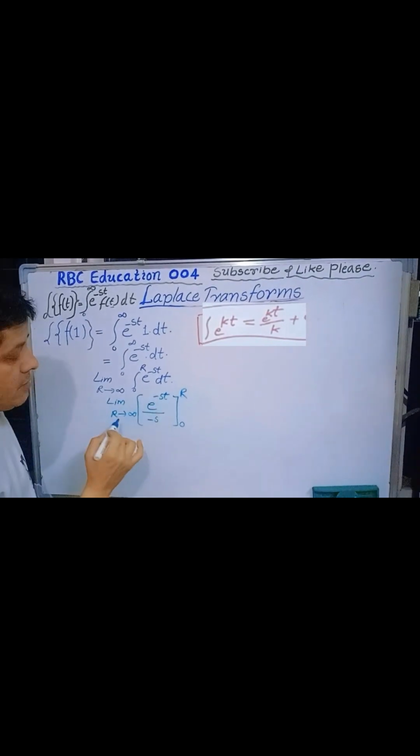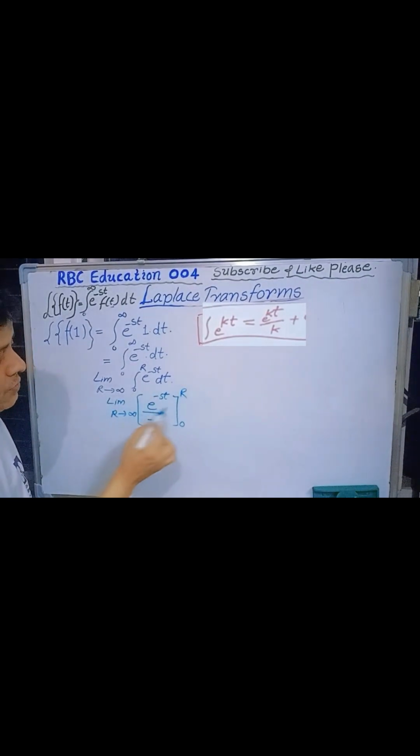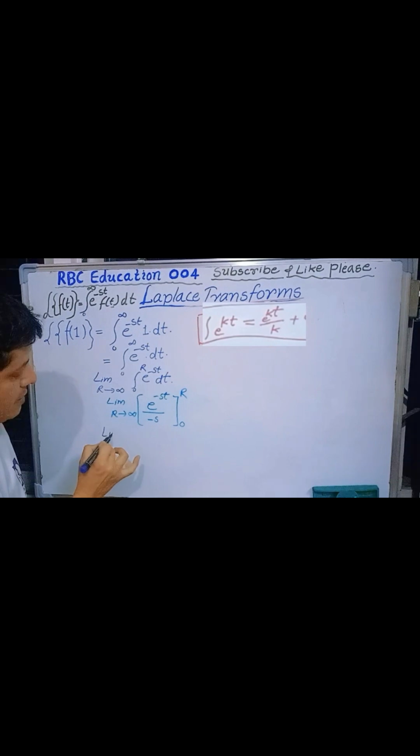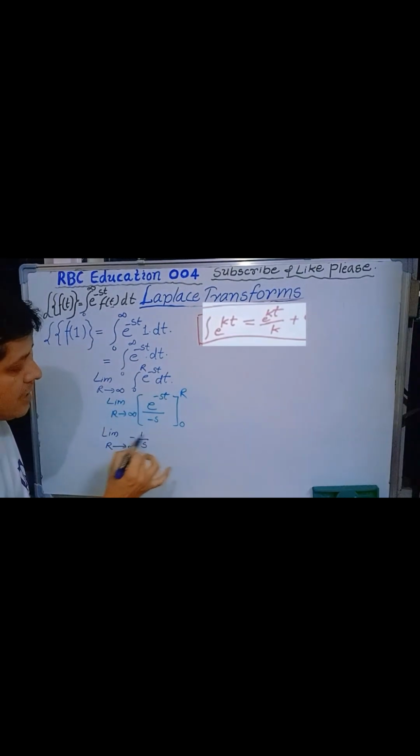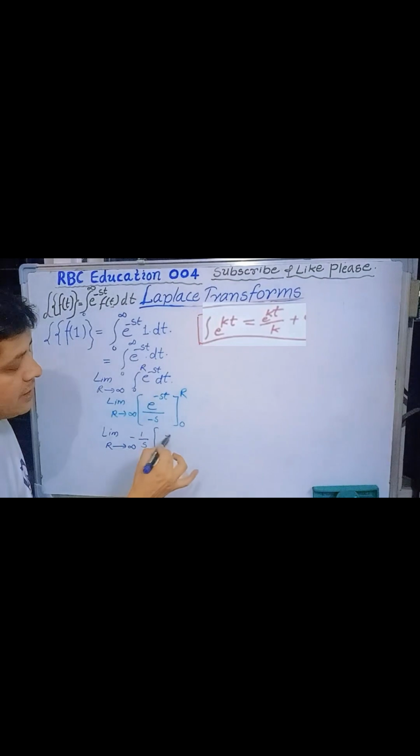Let's come to the next step. Here let's take minus s as a constant. When we take this out, the limit remains the same, r tends to infinity. So 1 by minus s comes outside, and inside is e to the power of minus st from 0 to r.